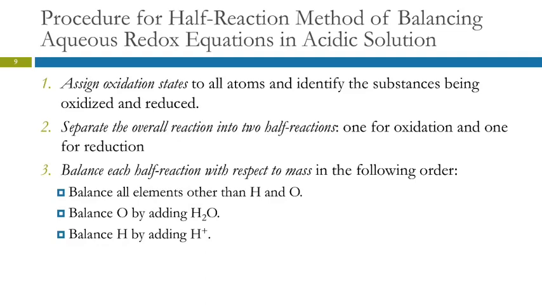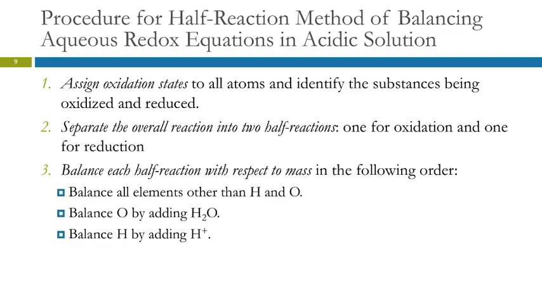If you have a real complicated equation, you might have to, but much of the time it's really obvious what things go together, and so you can skip that one. Then we separate the overall reaction into two half reactions, one for the oxidation, one for the reduction. It's great if you recognize which one is oxidation, which one is reduction, but to balance the equation you actually don't have to even do that, but you do have to separate into two half reactions.